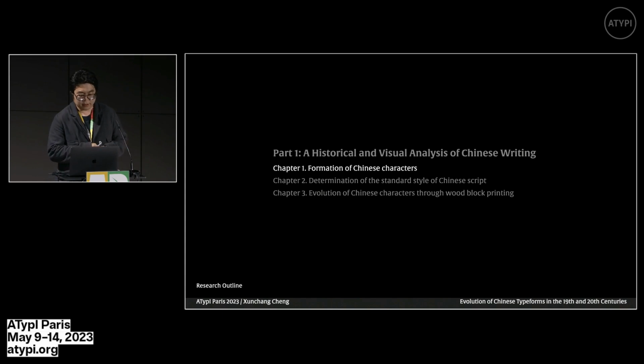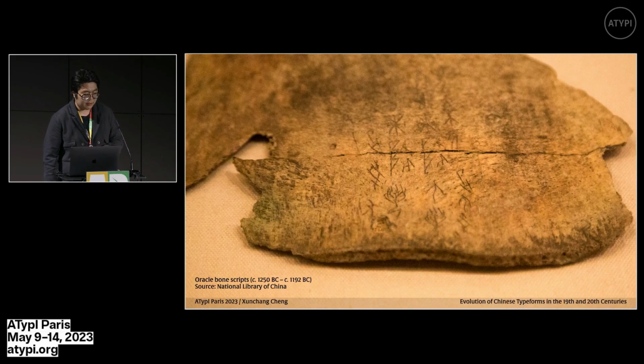The first chapter is the formation of Chinese characters. The earliest known form of the Chinese writing system, around 1200 BC, is Oracle bone script. This bone actually records that an officer asks the emperor and the general whether we are protected if we attack the other country. Even calculating from around 1200 BC, Chinese characters still have a history of around 3,300 years.